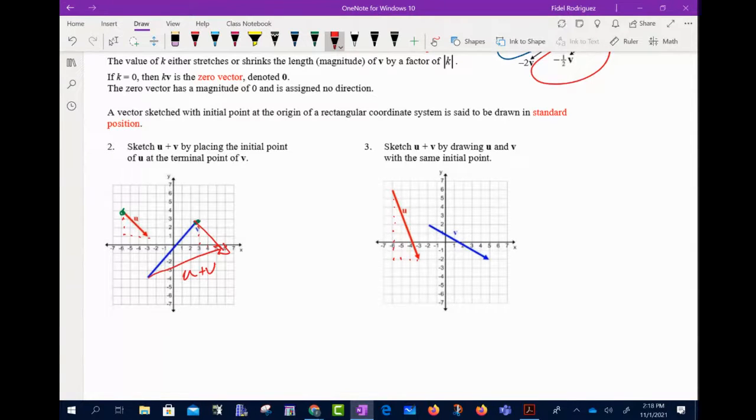Okay, so I can see that my u triangle has a vertical distance of 8 and a horizontal distance of 3. We want to start them with the same initial point. That means that this point right here, y'all, and this point right here are going to be the same. So I'm just going to count. 1, 2, 3, 4, 5, 6, 7, 8. 1, 2, 3.